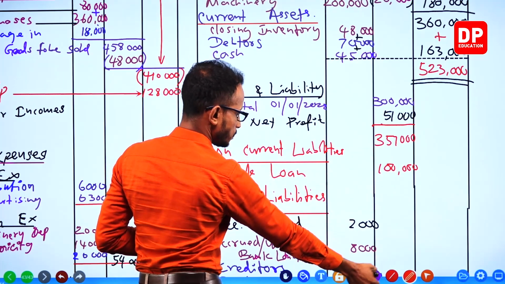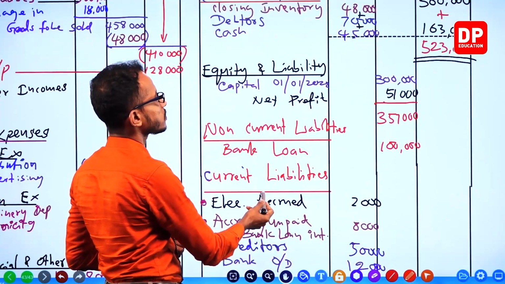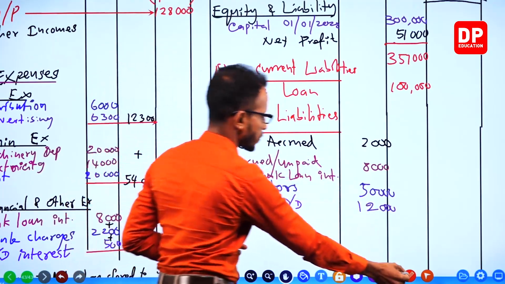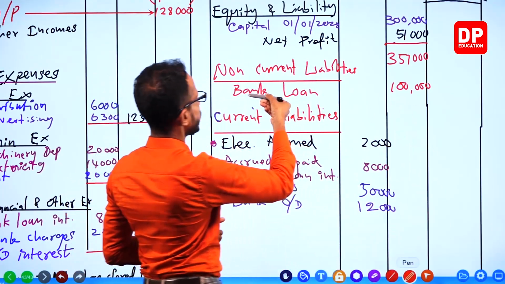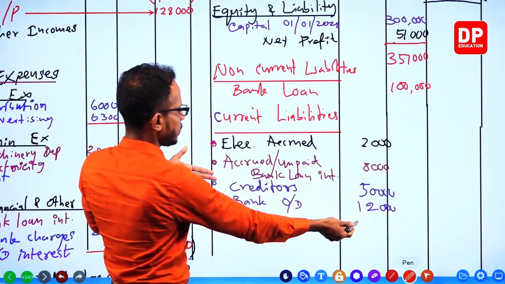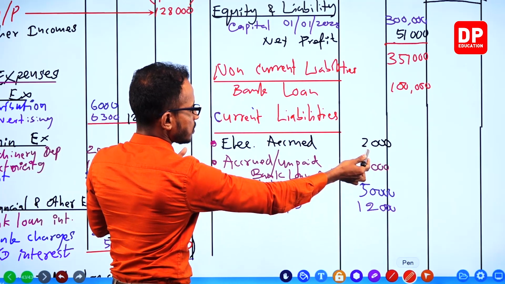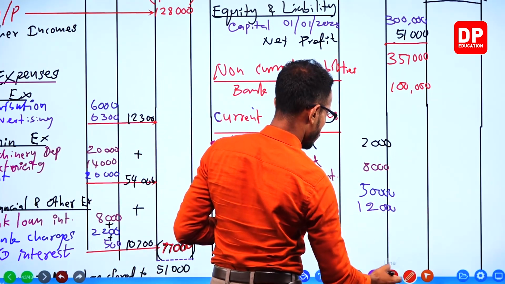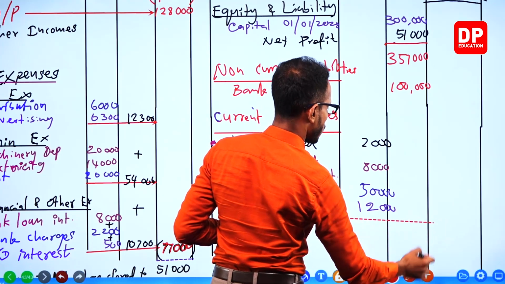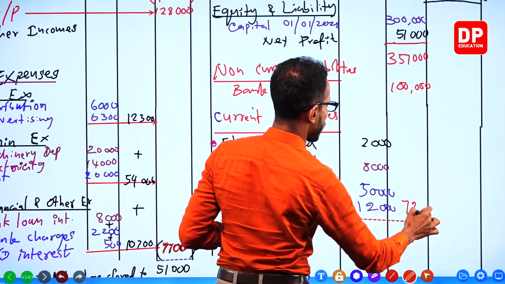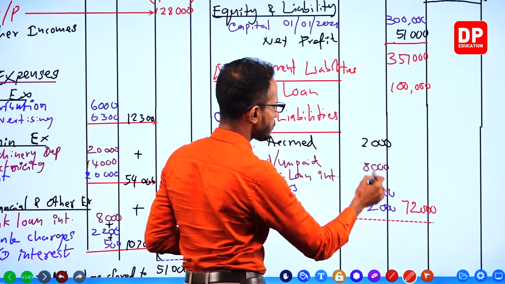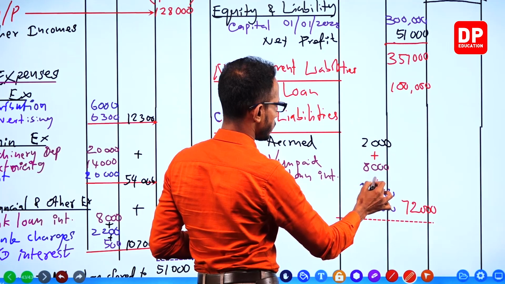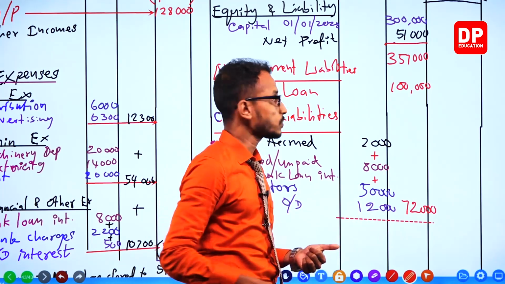And here 72,000 under current liabilities, right? Here 8 plus 2, it's 10,000. 50 plus 10, 60. 60 plus 12, 72.